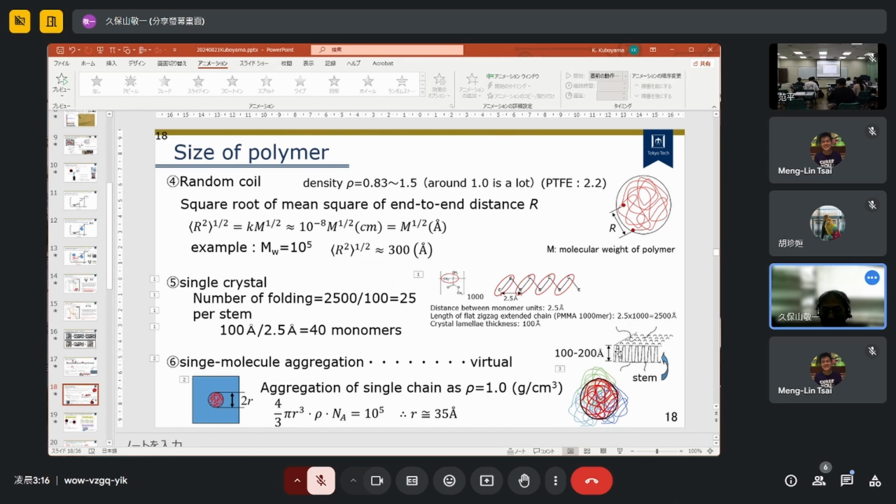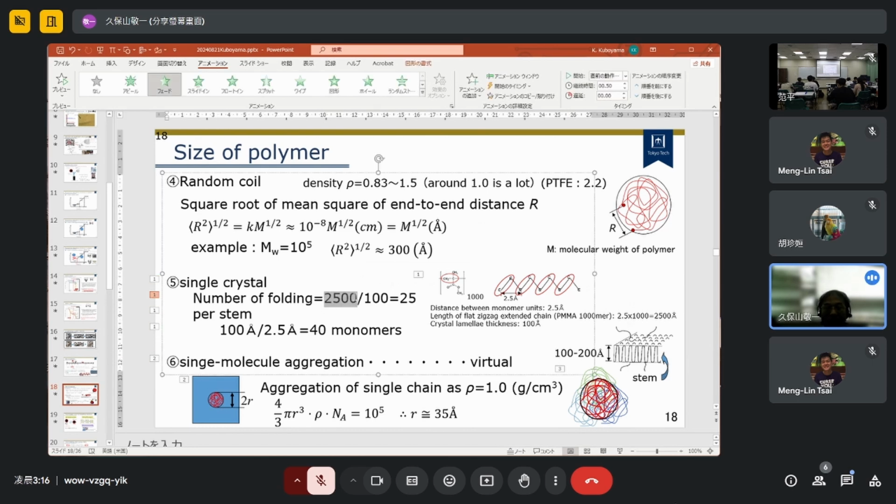And the thickness of the lamellar structure is around 100 angstrom. So one extended molecular chain is 2500, and the thickness of the lamella is 100. So in this lamellar structure, 25-time folding occurs for each polymer chain.